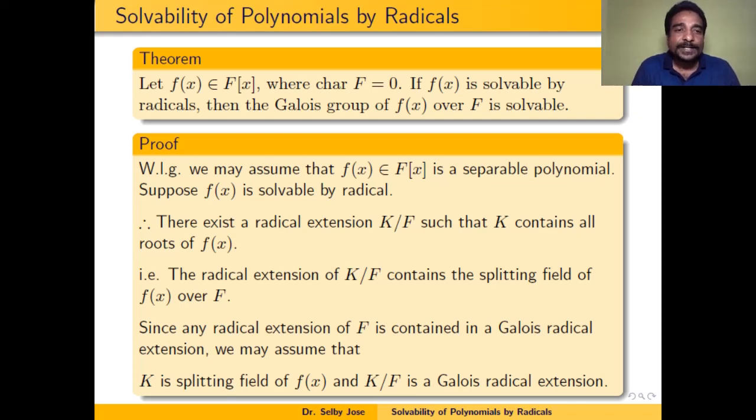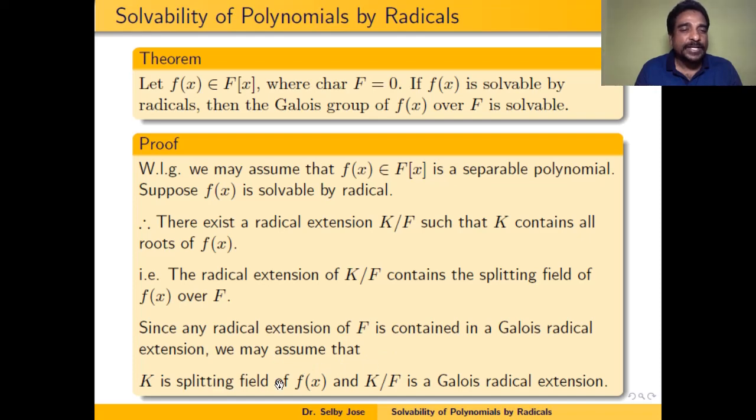Because we know that any radical extension of F is contained in a Galois radical extension, we may assume that K is a splitting field of f(x) and K over F is a Galois radical extension. We got that K over F is a radical extension which contains the splitting field of f(x) over F, and any radical extension is contained in a Galois radical extension.